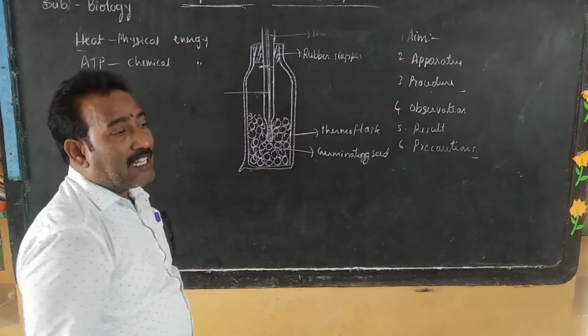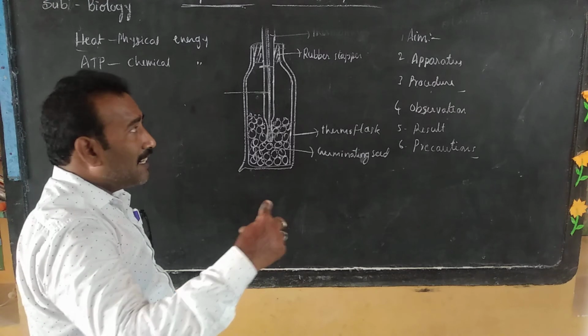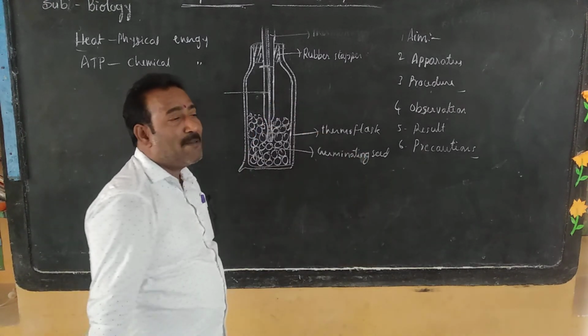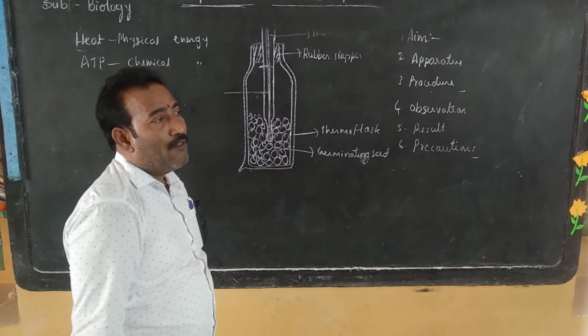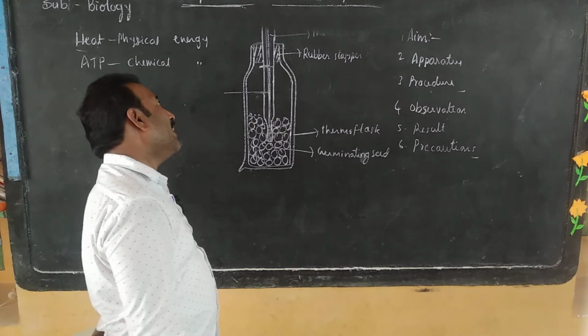Photosynthesis is the process in which complex organic substances are formed from simple inorganic substances like carbon dioxide and water.